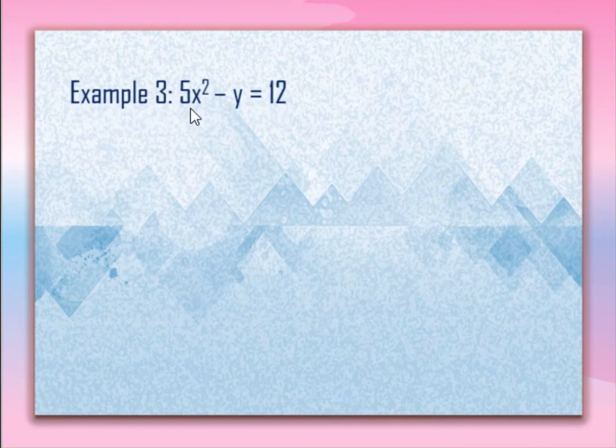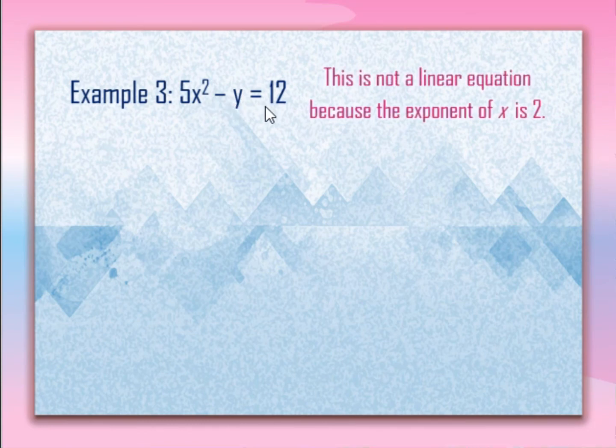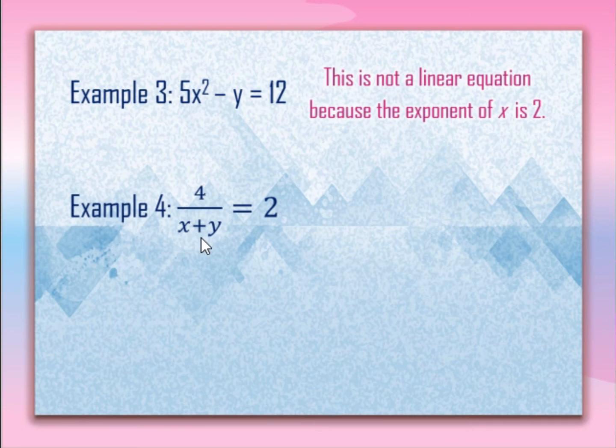Example 3. 5x squared minus y is equal to 12. Here, the exponent of x is 2, and we said that in a linear equation, all variables are taken to the first power. Therefore, this is not a linear equation. Next, we have 4 all over x plus y is equal to 2.